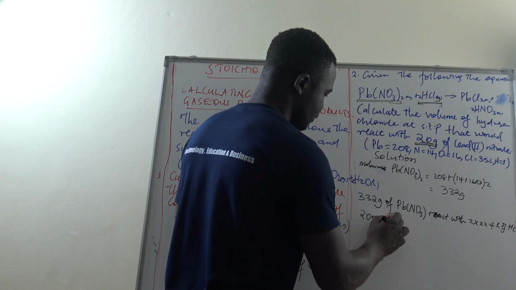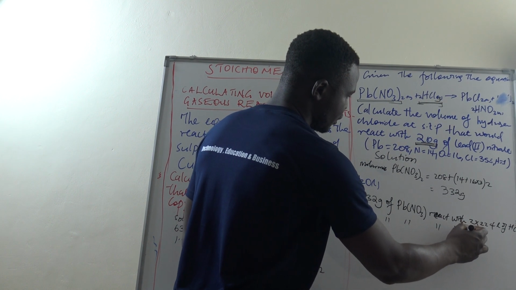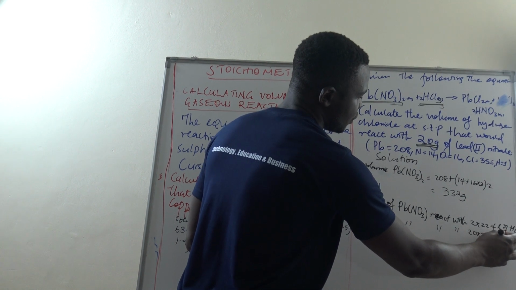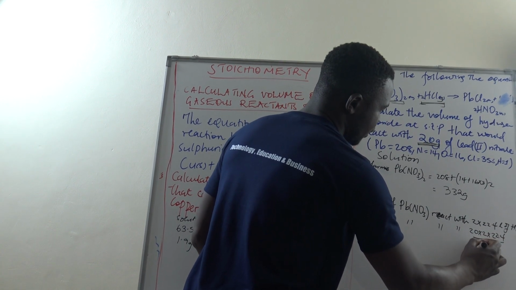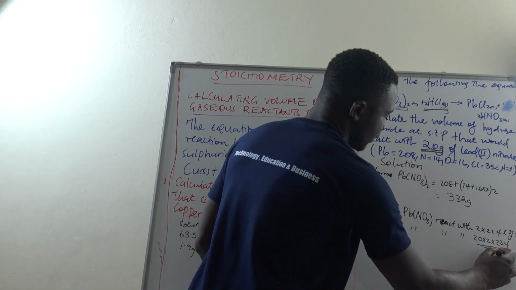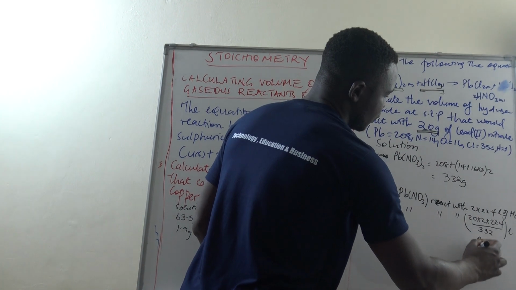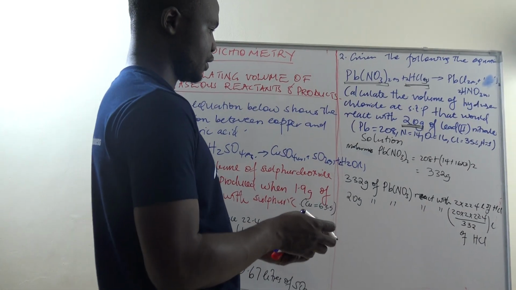Therefore 20 grams of lead 2 nitrate react with 20 times 2 times 22.4 divided by 332 liters of HCl. So let's compute.